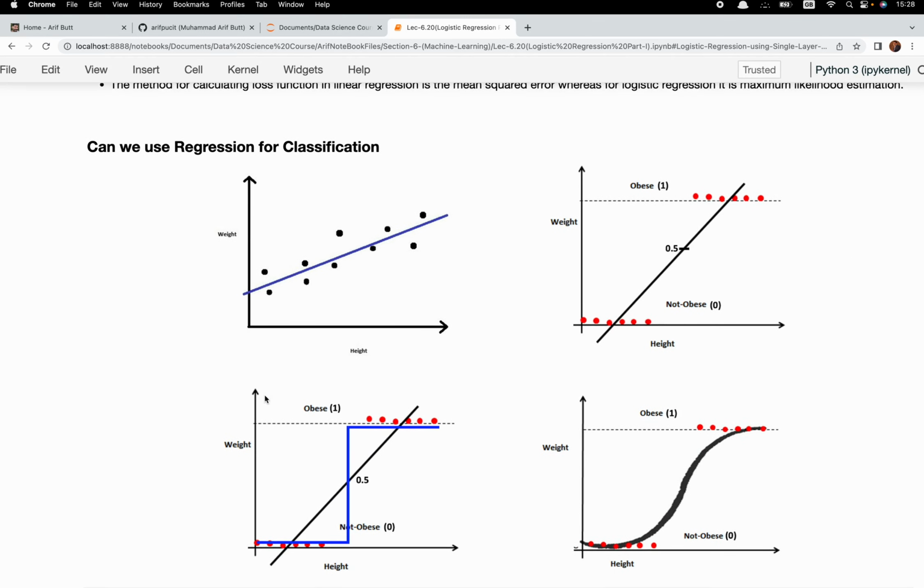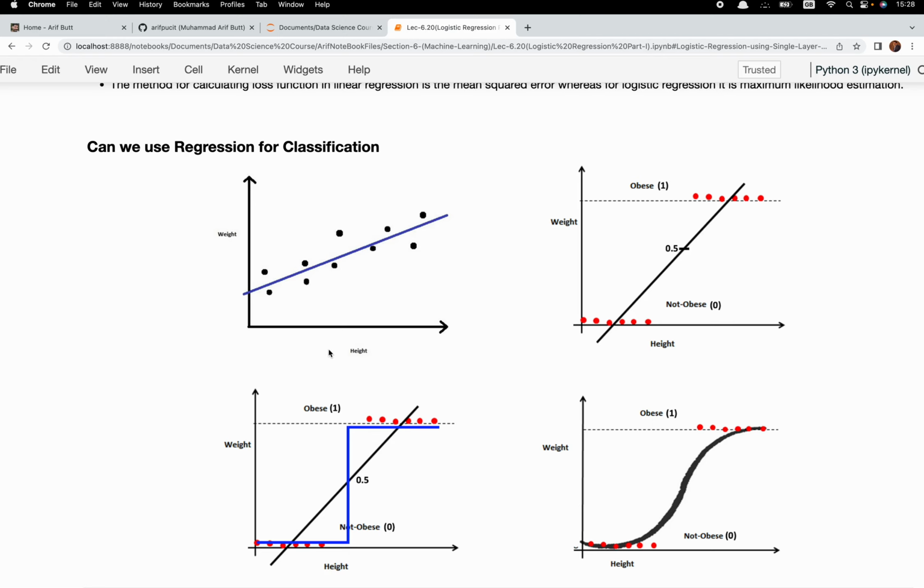Okay, now the question is, can we use regression for classification? Let me describe this with the help of these graphs. Consider this top left scatter plot representing some data points having height and weight of people.